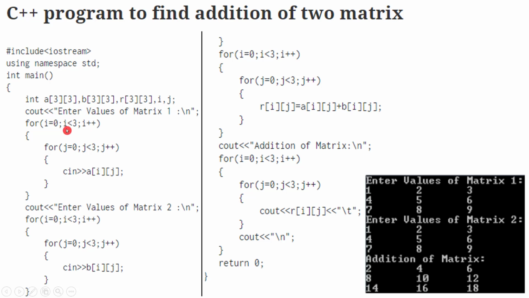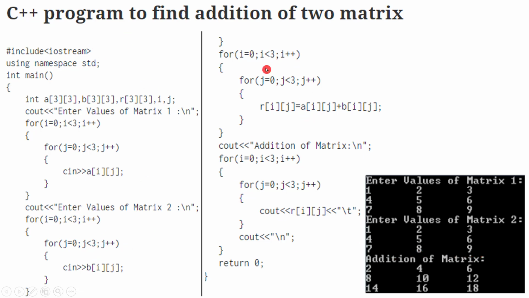So we know how to do a for loop i, inside a for loop j, entering the matrix 1 values. Here you can see the values. Similarly, enter values of matrix 2. Yeah, here. Similarly, you are doing it up to here. So on the left side, you have up to this 9.